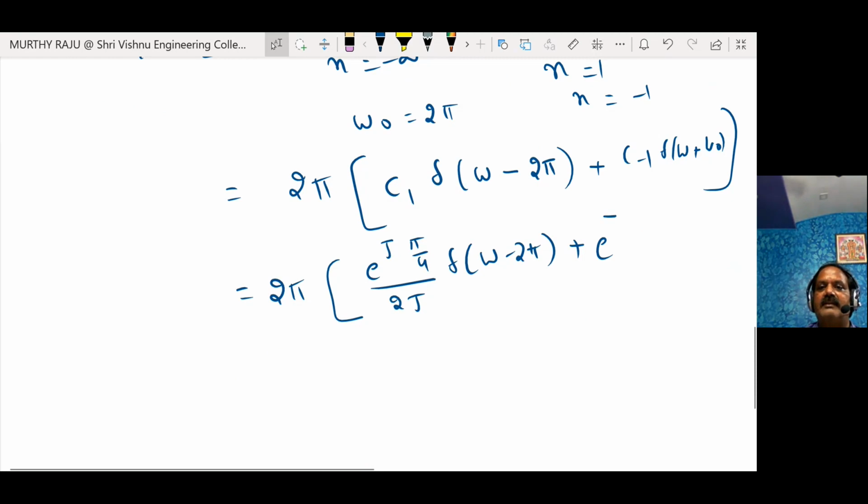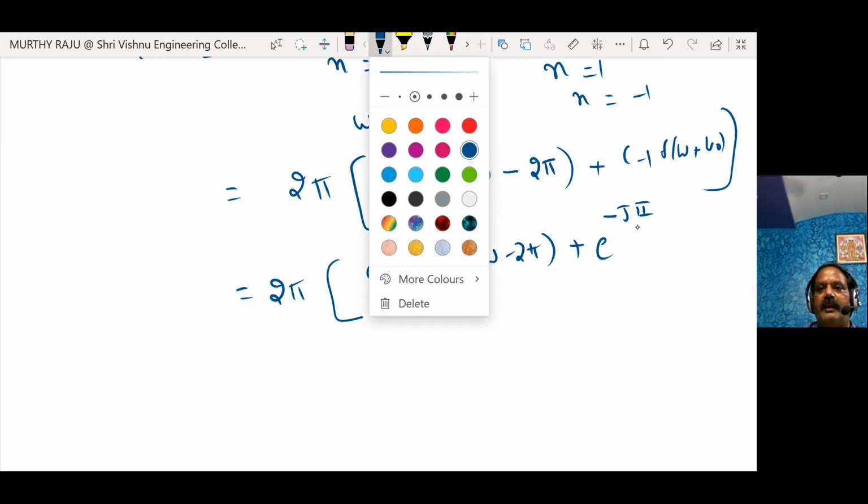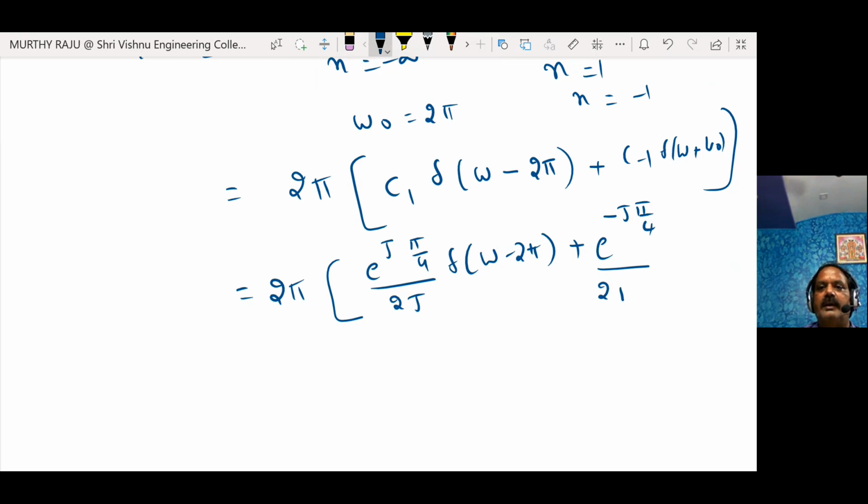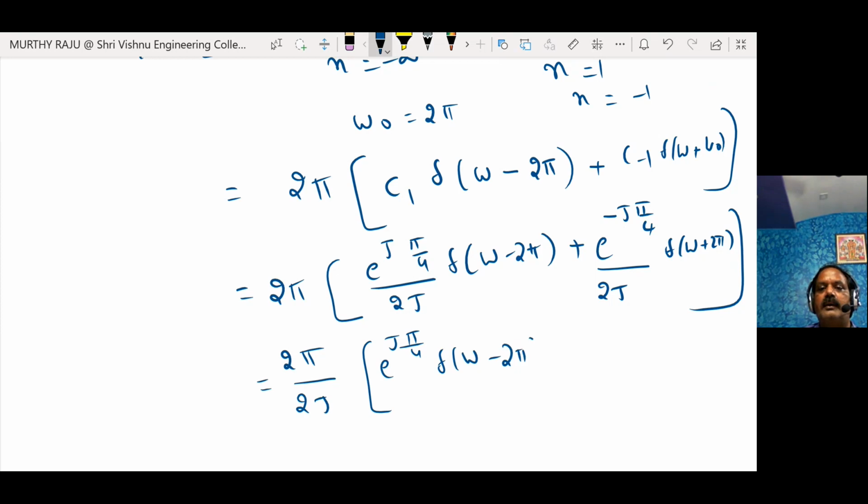Here the 2 cancel: 2 pi by 2j gives pi by j, with e power j pi by 4 delta of omega minus 2 pi plus e power minus j pi by 4 delta of omega plus 2 pi.